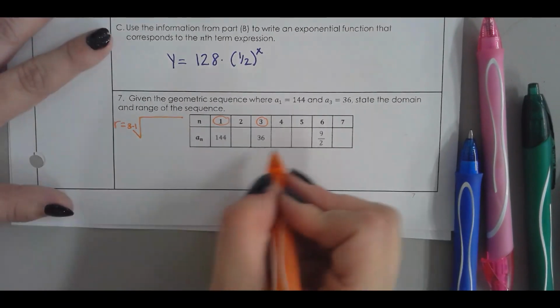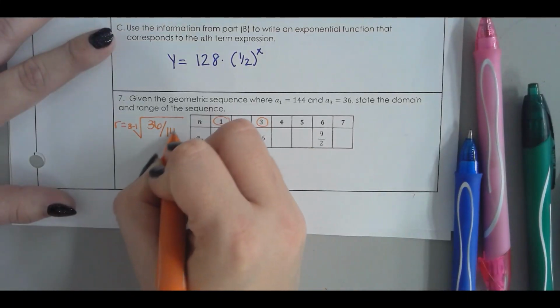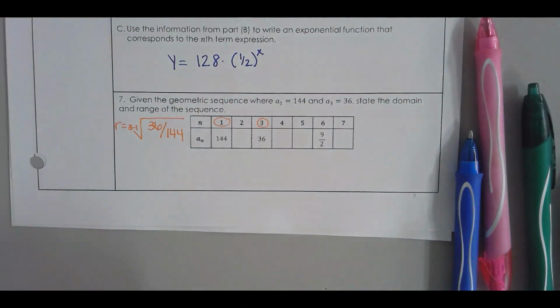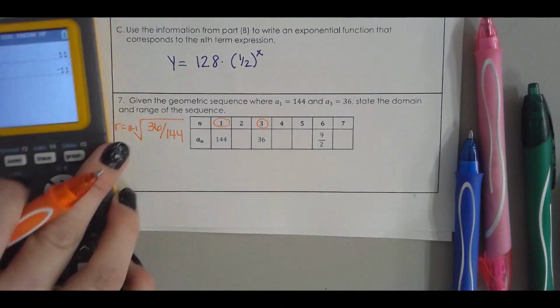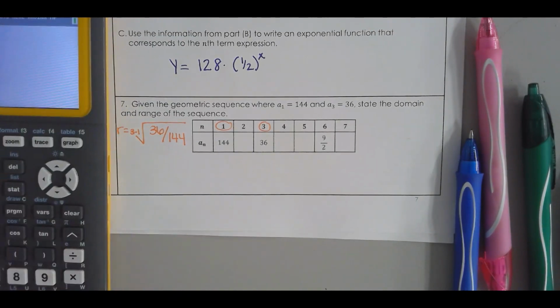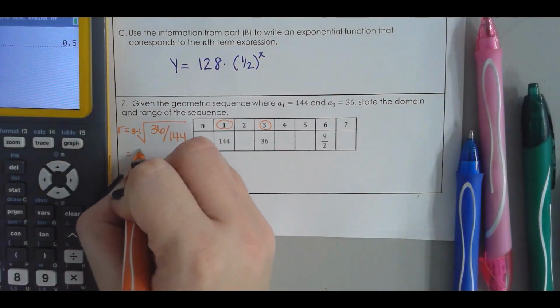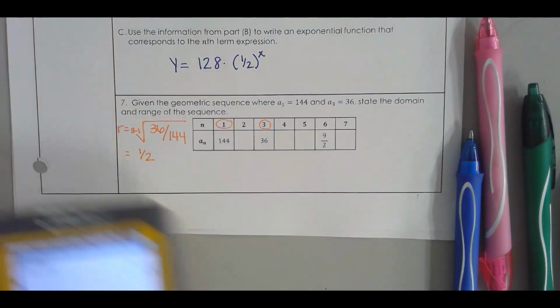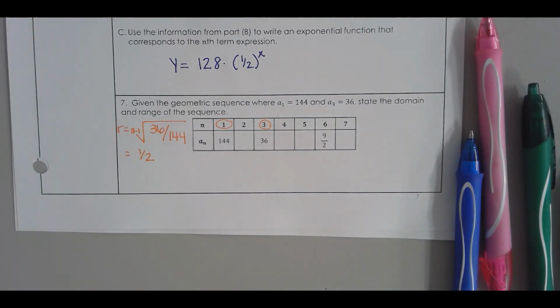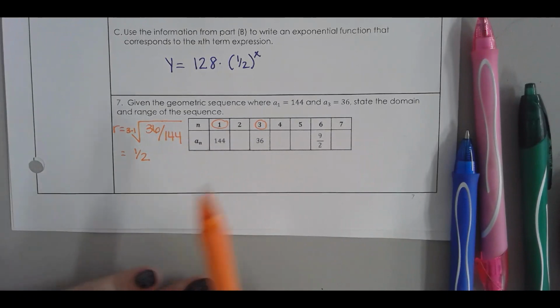And I'll divide 36 by 144. The square root of 36 divided by 144 is 1/2. So my ratio, again, on this one is 1/2.